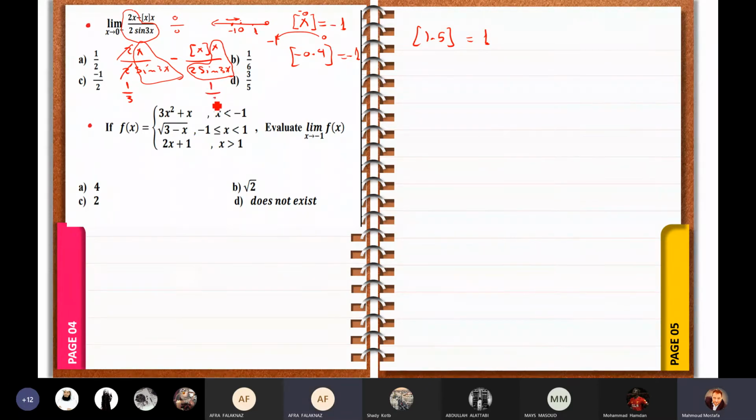Good, 1 over 6. What about this one? -1. Correct? Negative multiplied by negative will be what? +1. So it's 1 over 3 plus 1 over 6.